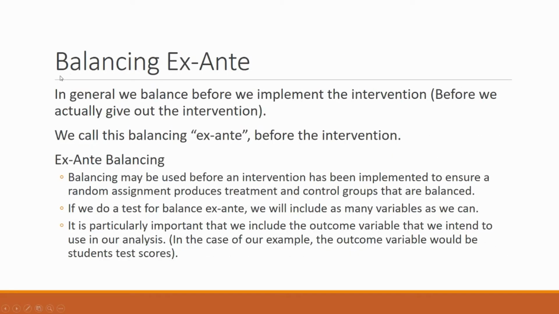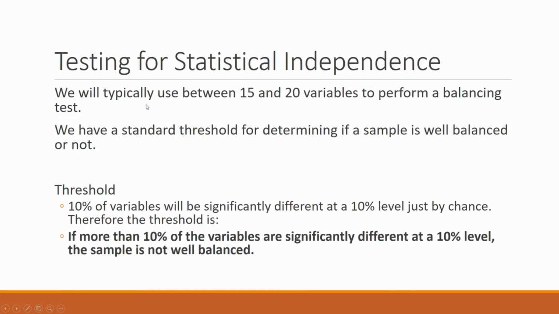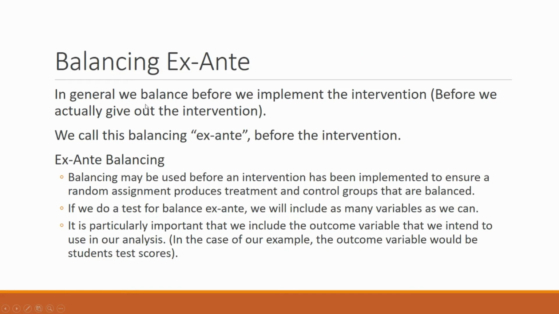All right, balancing ex ante. Now I want to make a distinction here, and this is subtle, but it's important. We can do this balancing test, this test for statistical independence, before we conduct an experiment or after it has been conducted.